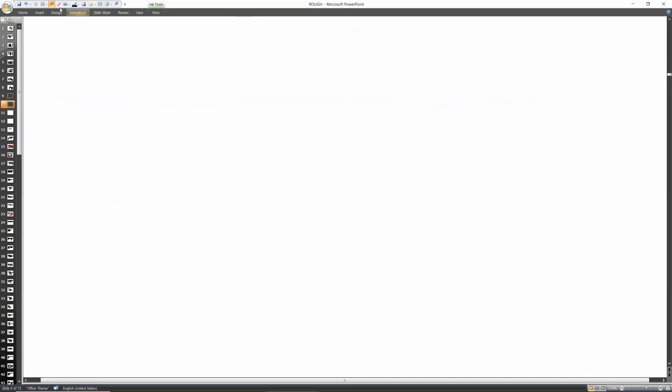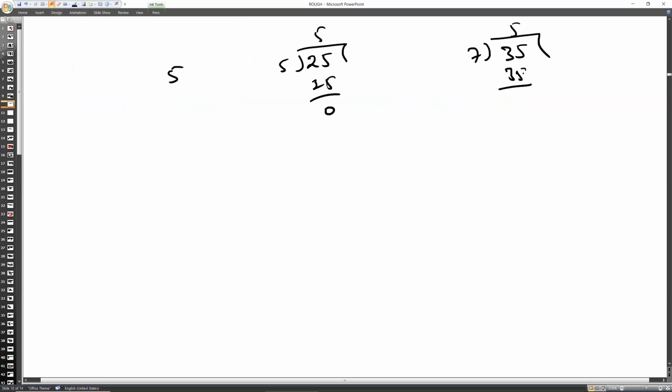For example, if I'm saying that 5 is a factor of 25, when you divide 25 by 5, 5 fives are 25, and you get remainder 0. If 7 is a factor of 35, you divide 35 by 7, 7 fives are 35, exactly dividing.